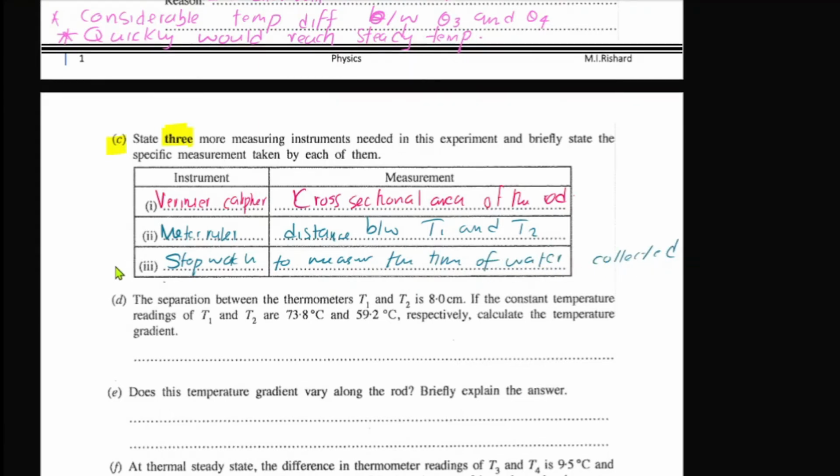And a balance, maybe I'll write it as triple beam balance. This is the fourth one, I'm going to give you an extra, to measure the mass of water collected.